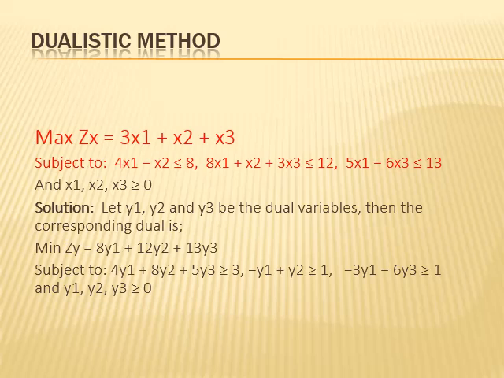So we need to convert the second constraint into less or equal. How to do that? To do so, we need to multiply each term of the constraint number 2 by -1.